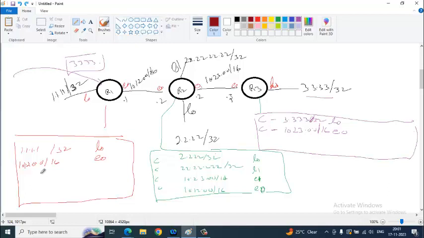See, whether it is the 100 network or the 5 network, where will you be sending all those packets? To R2 only.